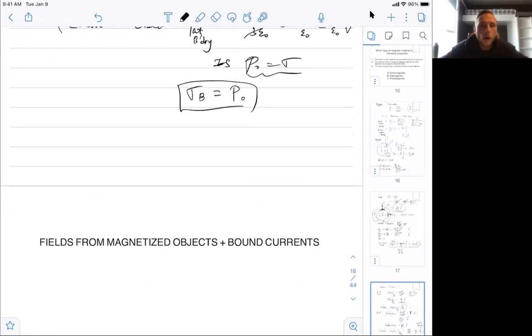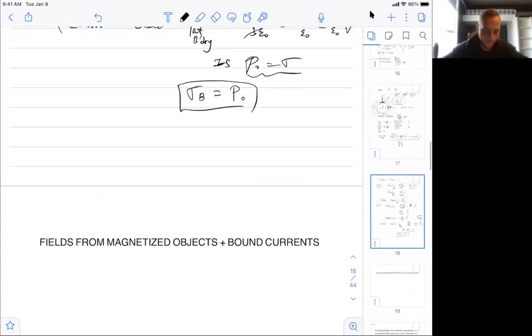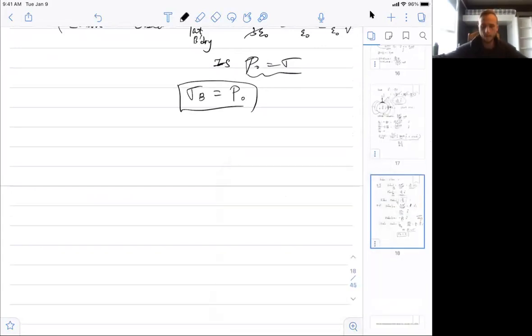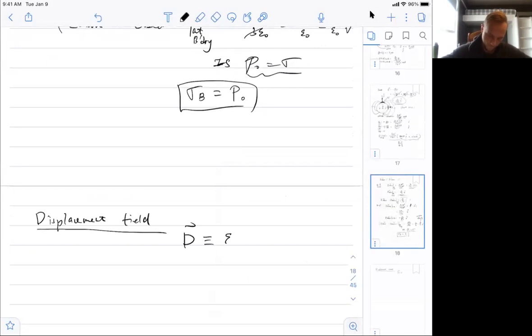And further, after we did polarization, we did displacement. So this is another review, for our displacement field. Displacement field D, how do we define it? It is epsilon naught E plus polarization P. Okay, so that is the displacement field.